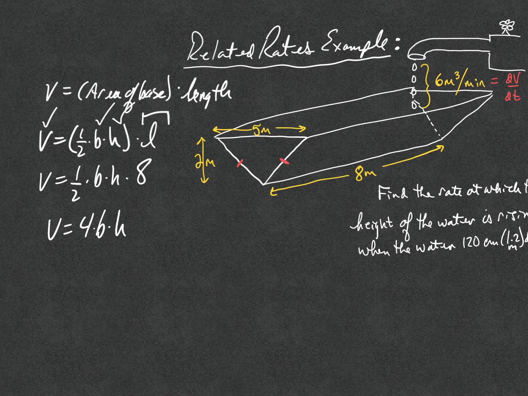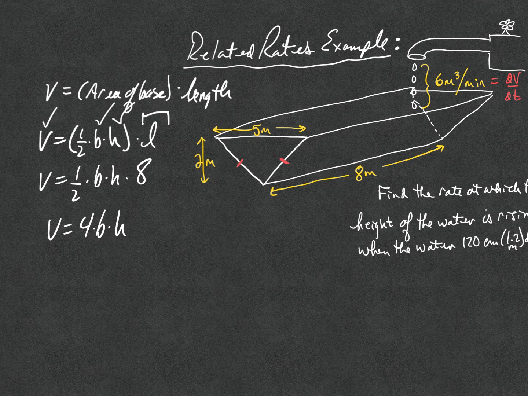Not filling in all the blanks, but those would be the derivatives I'd have laying around. Is dV/dt a problem? Nope, because that's exactly the value they gave us. No sweat. Is dH/dt a problem? No, because that's exactly the question we're asking. Find the rate at which the height of the water is rising.